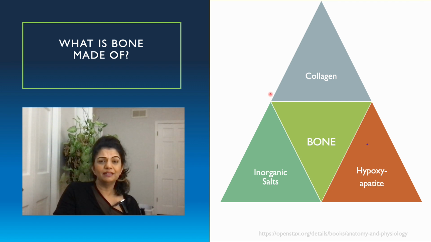And these are going to be like calcium phosphate, calcium carbonate, and these salts actually create hydroxyapatite crystals. That's what they do. And that actually creates the rigidity. It's like the concrete of the house, and it gives it its strength and durability.